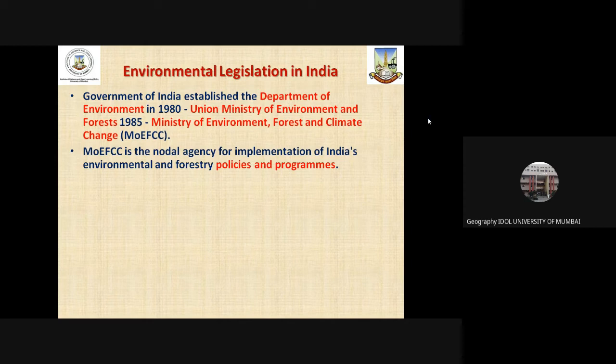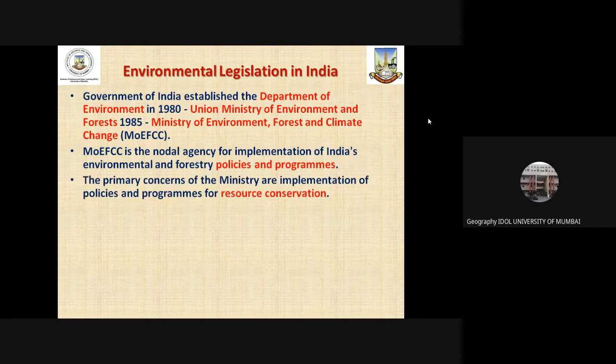This particular ministry is expected to work as a nodal agency for implementation of environmental and forest policies and programs across the country. The primary concern of this ministry is implementation of policies and programs for conservation of natural resources.